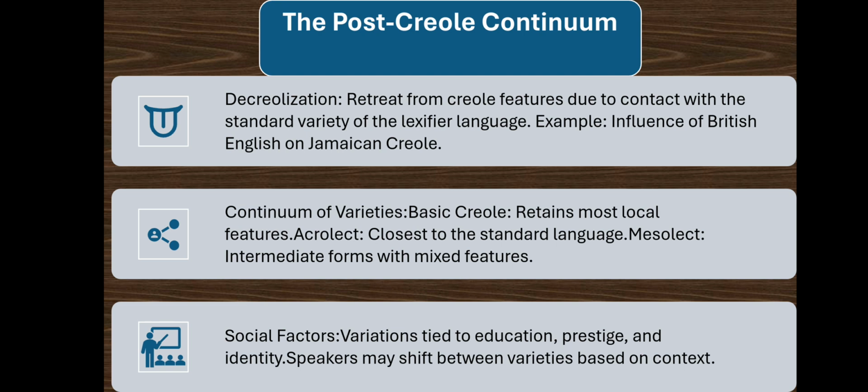Now, social factors, for example, variation tied to education, prestige, and identity. Speakers may shift between varieties based on the context. If you are in a vernacular context, you might use basic Creole. Or if you are appearing for a job interview, you might use the intermediate form of Creole, which also has mixed features.